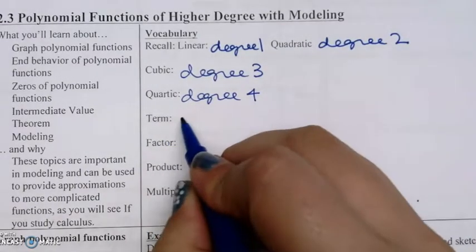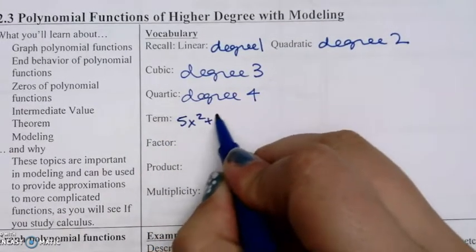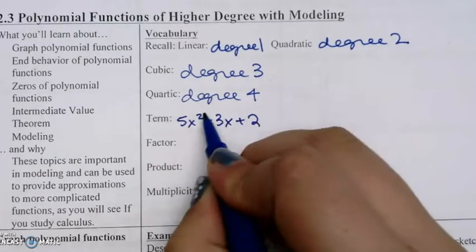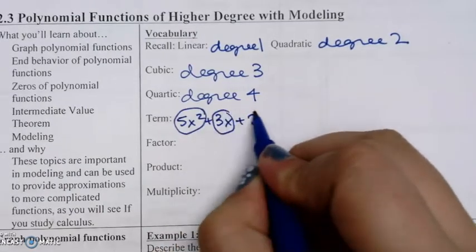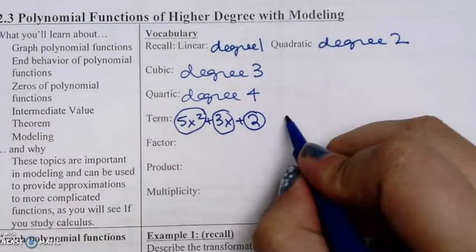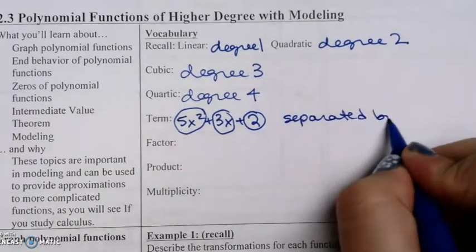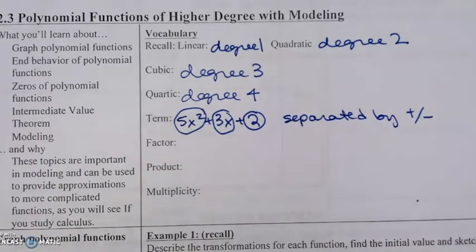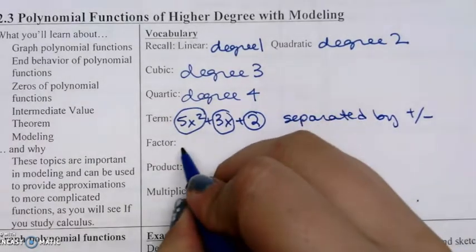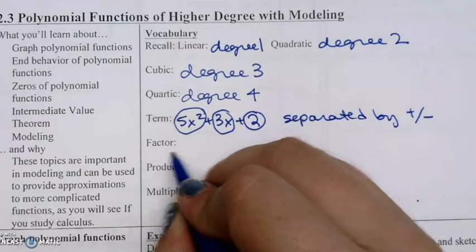So term, if I have something like 5x squared plus 3x plus 2, each piece between the addition is the term. So the terms are separated by addition and subtraction. And then factors are the pieces that you multiply together.